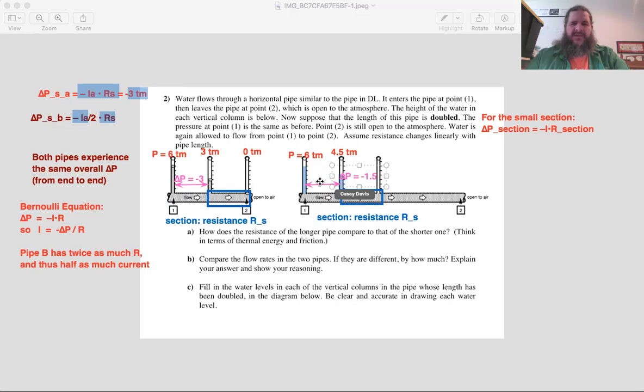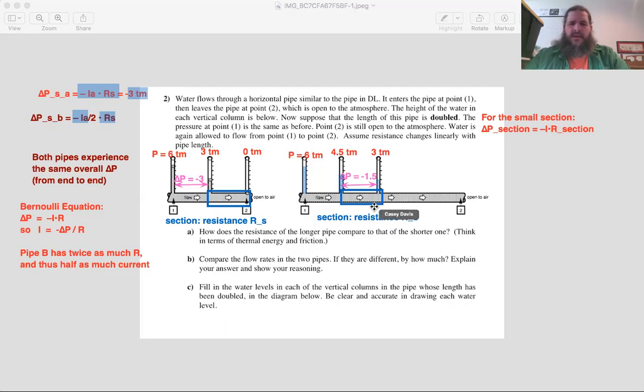We can use the exact same procedure, and you could run the calculations again, comparing it to maybe the second section, but it's identical. So it should lose another 1.5 tick marks, taking us down to 3 tick marks. So that'll be the new pressure, and it'll only rise up to 3 tick marks instead of 4.5. I get it now. Thank you.